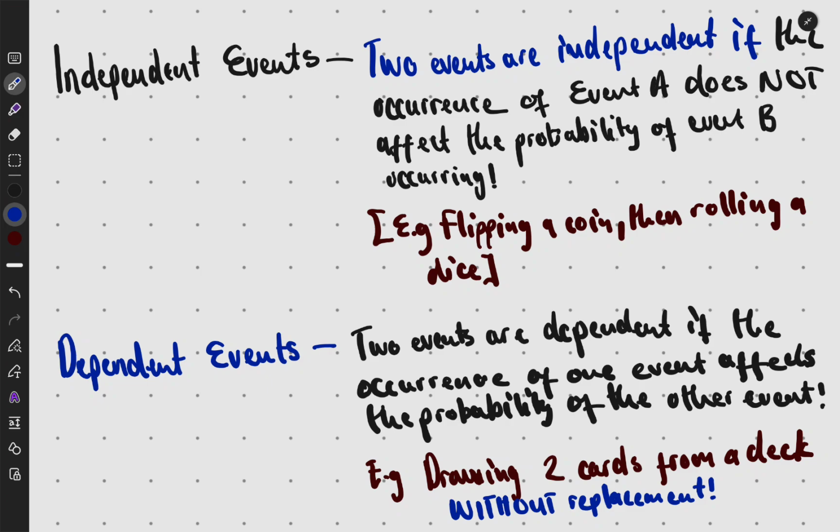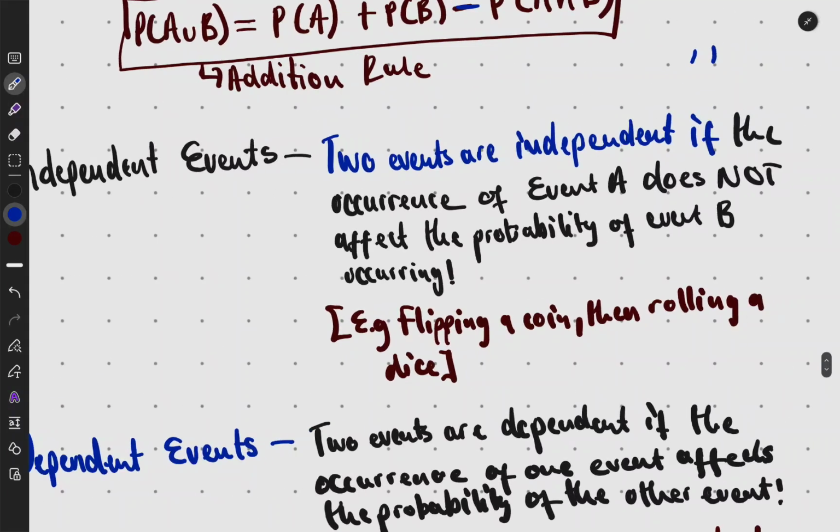So now we are saying, when do we say we have independent events? We'll be having two events where the occurrence of one does not affect the probability of the other. Okay, so the occurrence of one of the events does not affect the probability of the other. Then this is what we say we have when we have two independent events.